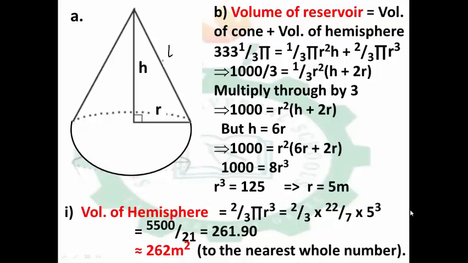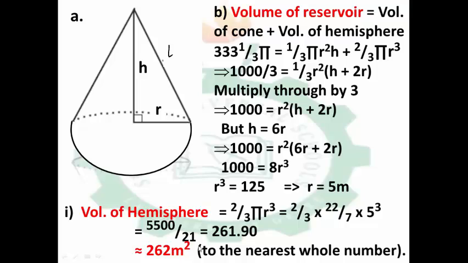Then we are asked to find the total surface area of the reservoir, and this will be equal to curved surface area of cone plus curved surface area of hemisphere, and this will be pi rl plus 2 pi r square.